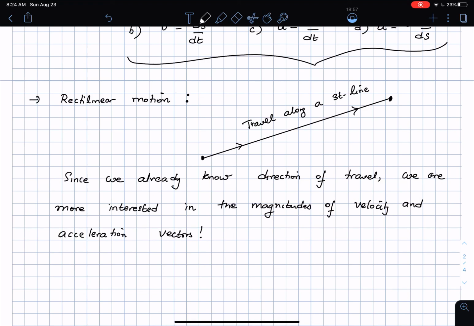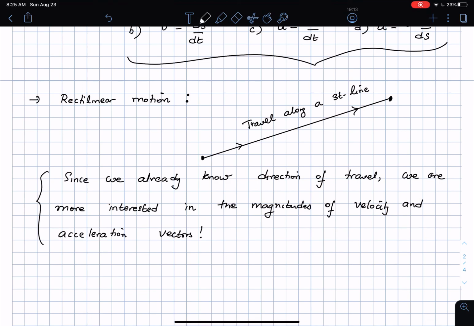And the magnitude change could be positive or it could be negative. Then using the magnitude change, we can understand whether the velocity is along the path or opposite to the direction. Okay, so that's essentially it for rectilinear motion.